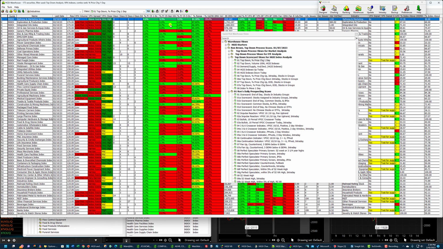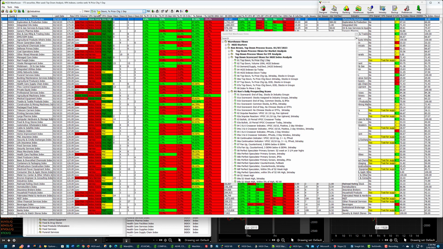And I believe this is a result of the Russians making a statement about they're going to cut off the oil supplies more to Europe because of the weapon supply. I didn't get the full story, but I think it has something to do with that. But you can see right here how easy it is to see where the strength is in the market.